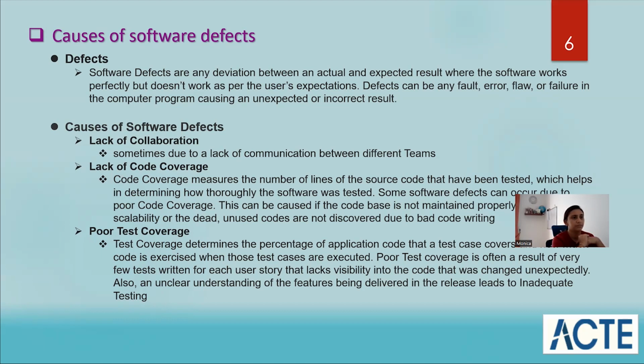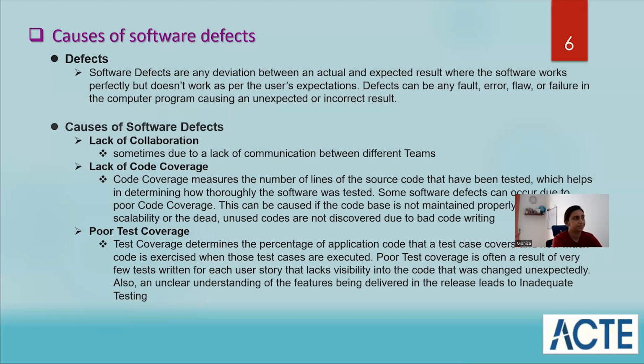So the expected result is not met with respect to the actual result. That is a defect. Defects can be any fault, error, flaw, or failure in the computer program causing an unexpected or incorrect result. I hope the meaning of defect is clear.